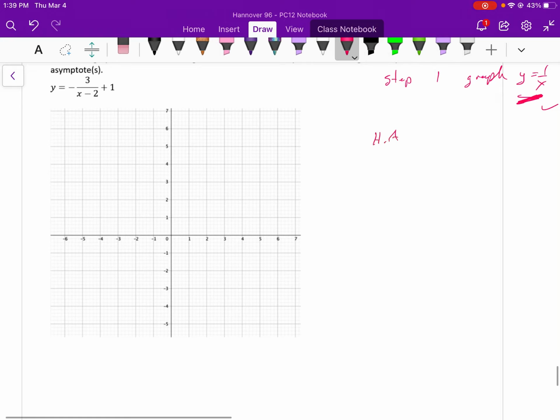I can see that my horizontal asymptote is y is equal to 0, because the degree of my numerator is 0 and the degree of my denominator is 1. My vertical asymptotes occur whenever the factors of the denominator are equal to 0, provided that they are not canceled out. So x is equal to 0 is a vertical asymptote.